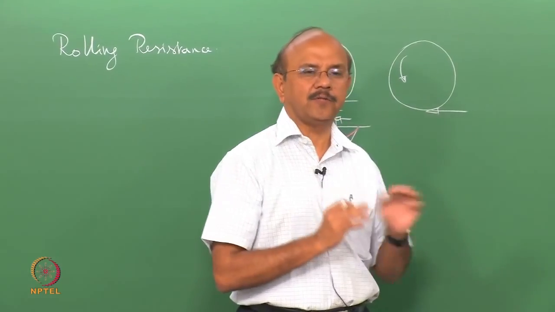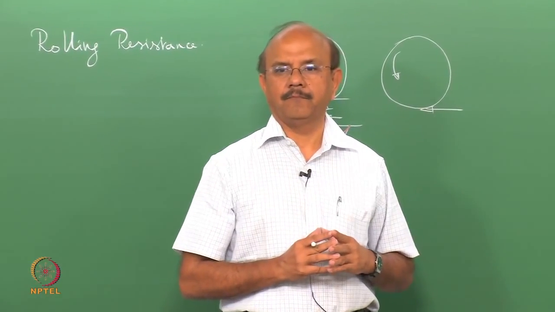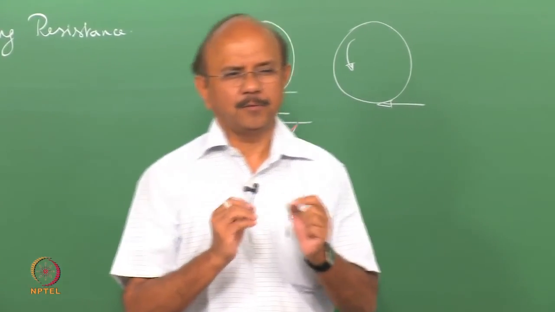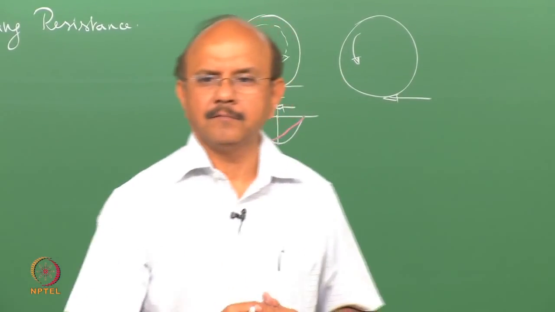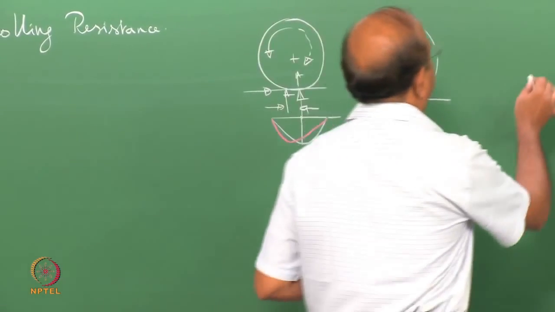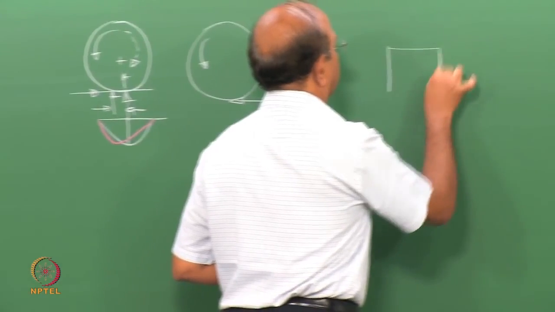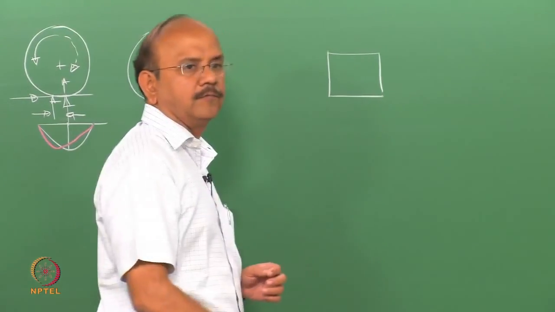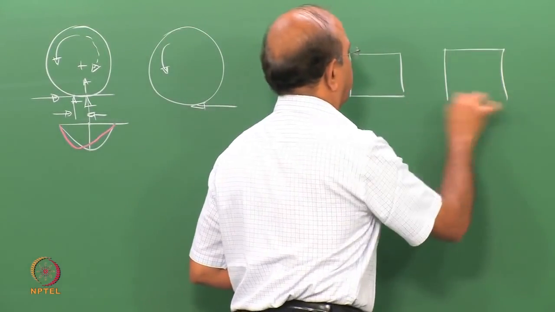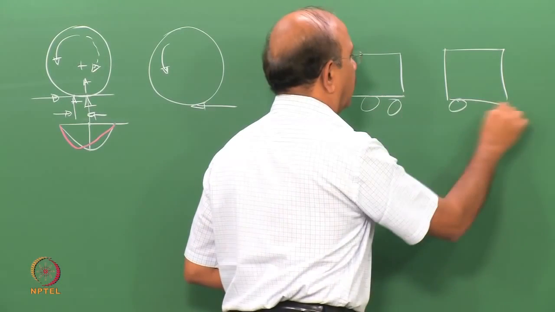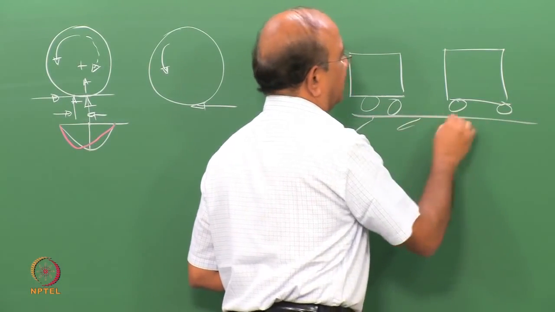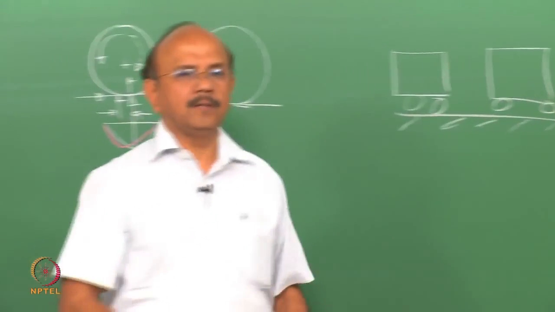So, we will explain this with a very simple example, so that you understand small niceties of drawing a free body diagram. Suppose I have a tractor pulling a trailer, or a horse drawing a cart, which is a very early example.